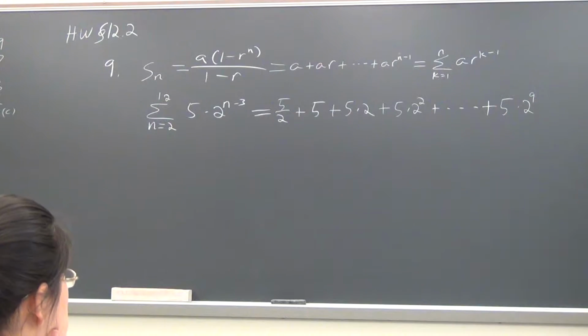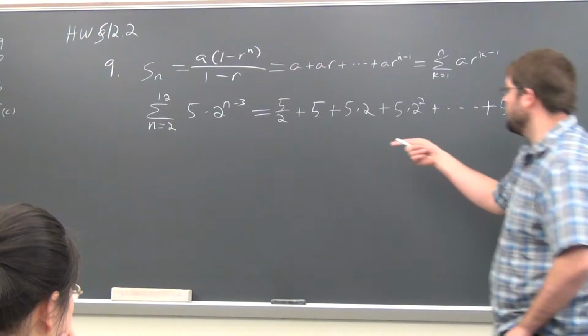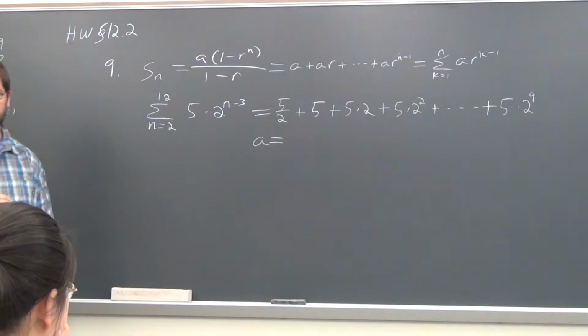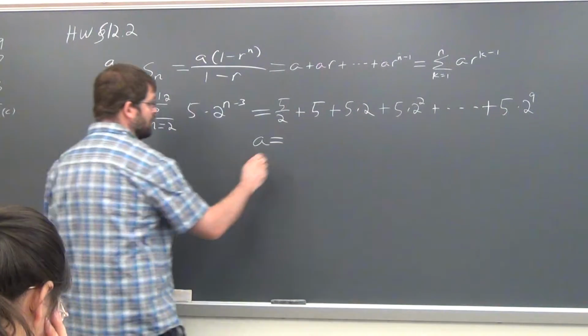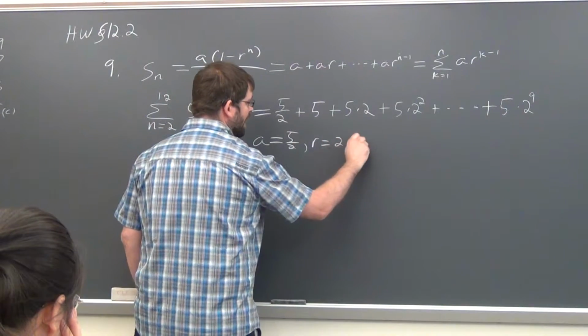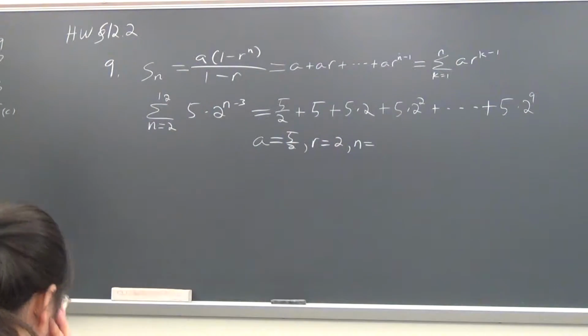Does that make sense? So with this problem, we want to use this formula. A is what? 5 over 2, good. r is 2, and n is what? I think it should be 10, right?